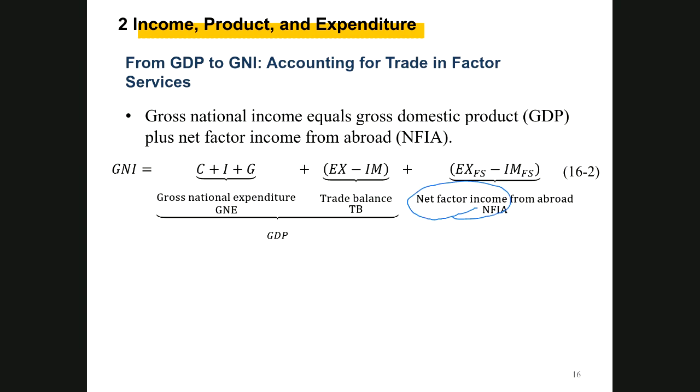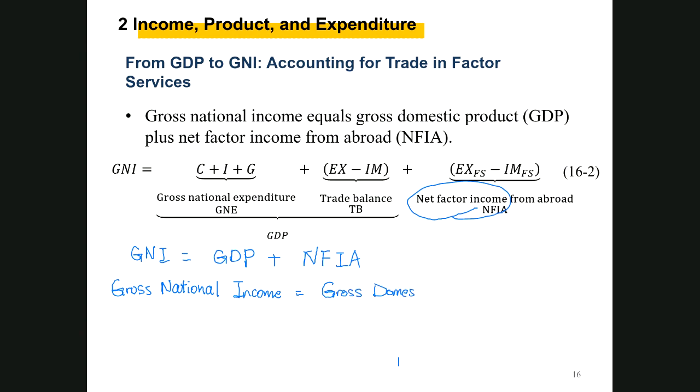So we could write it as this: gross national income is equal to gross domestic product plus net factor income from abroad.